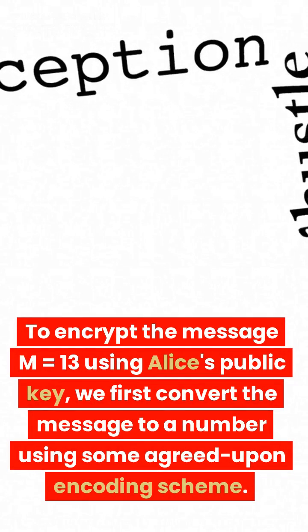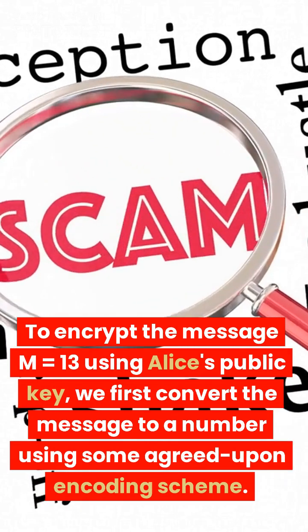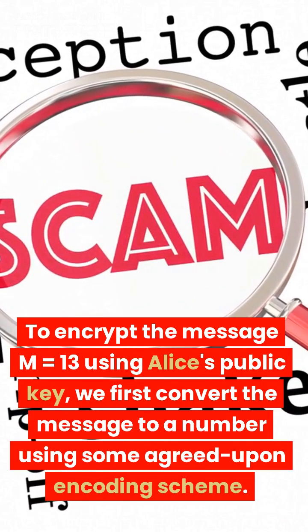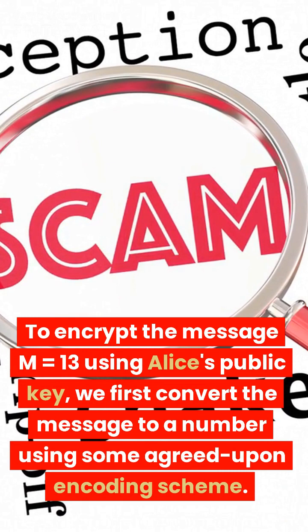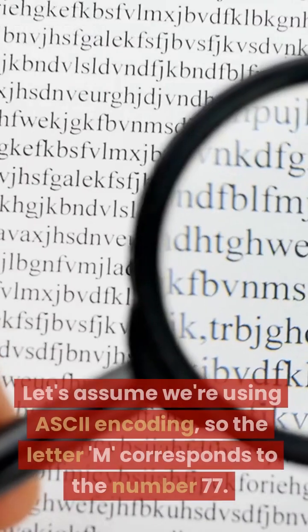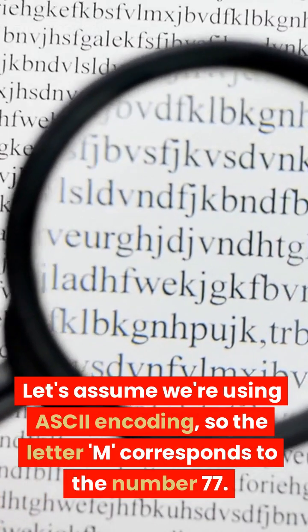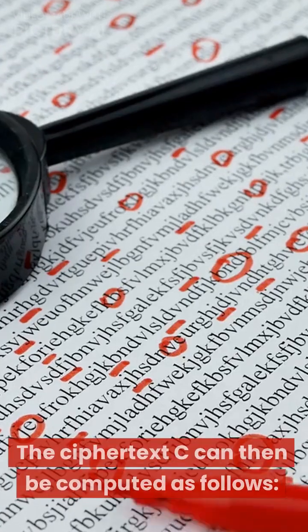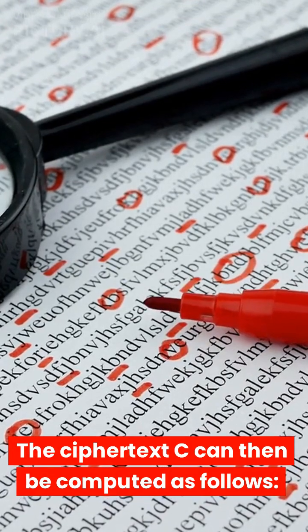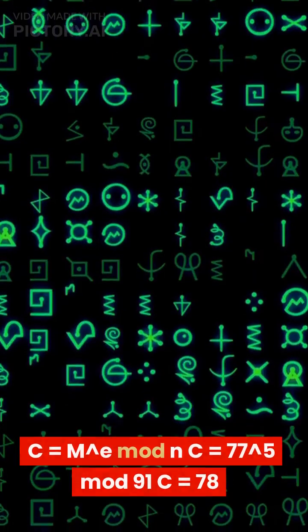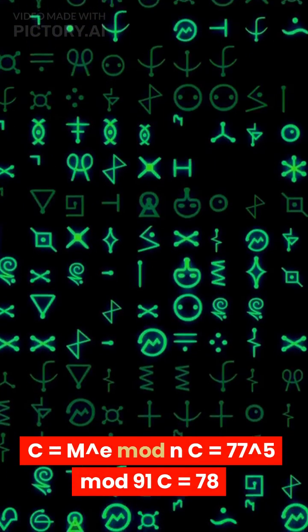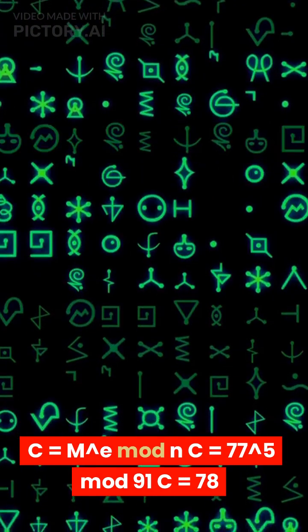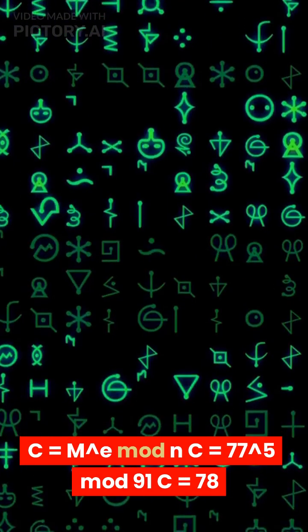To encrypt the message M equals 13 using Alice's public key, we first convert the message to a number using some agreed-upon encoding scheme. Let's assume we're using ASCII encoding, so the letter M corresponds to the number 77. The ciphertext C can then be computed as follows. C equals M^E mod N, C equals 77 to the power of 5 mod 91, C equals 78.